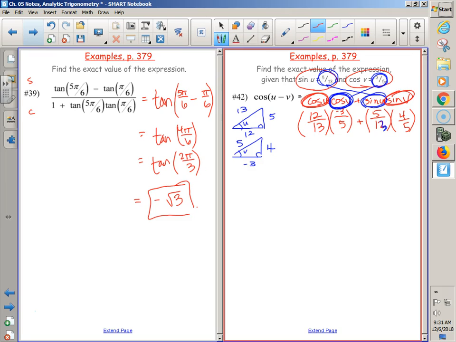Now, I know it's awkward, but I have all these fractions. All I have to do is a little bit of mental math. That's 36 and that's 65. Any mental mathers? Anybody agree with negative 16/65? Sure. Calculator couldn't have done that. Got it.